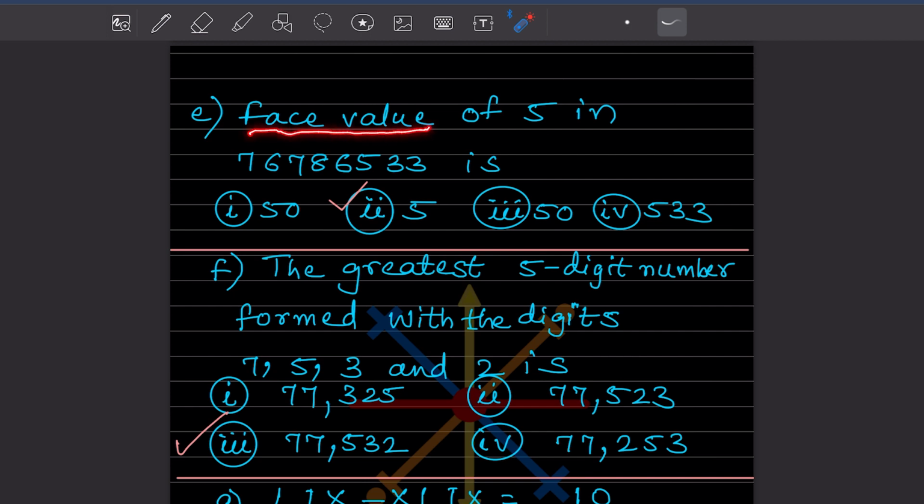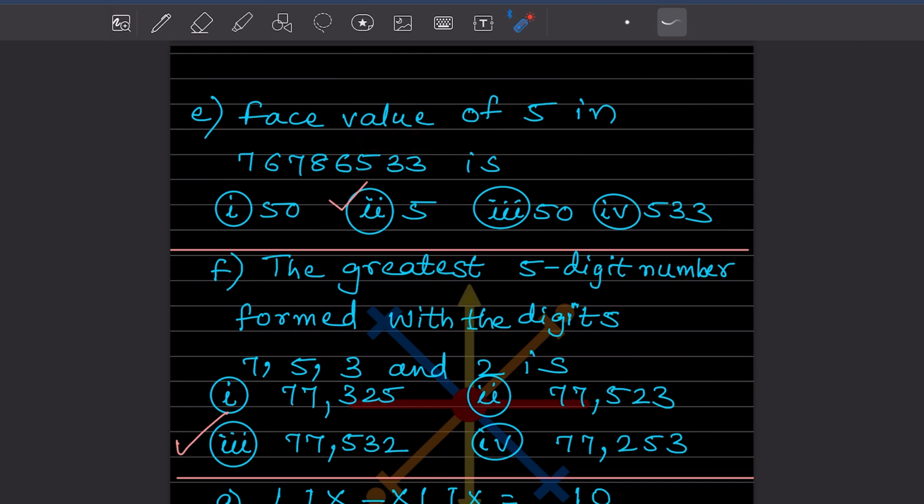The face value is the number itself. Okay, so 5 is going to be 5 itself. Face means it is going to be the same, and the place is going to be the position of that. Okay, so if somebody asks you for the place value, these are units, tens and hundreds.